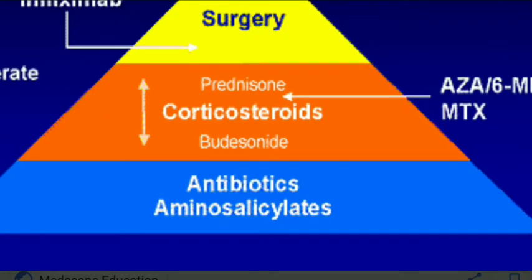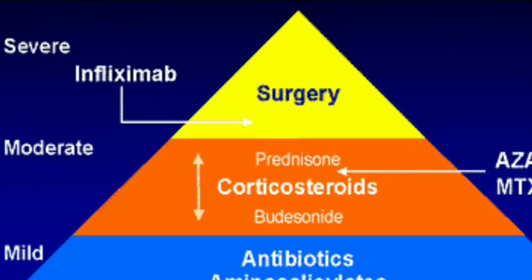Biological agents like infliximab or natalizumab are given. And surgery in medically refractory cases for complications: ileectomy or ileocolectomy, that is excision of the ileum or a portion of ileum and colon, is done mainly in cases of complications like intestinal obstruction. So this is the basic thing about Crohn's disease.